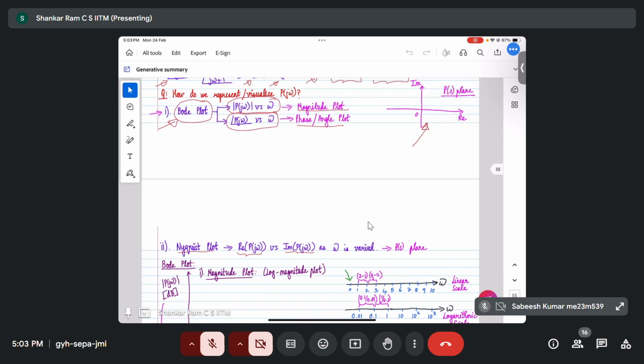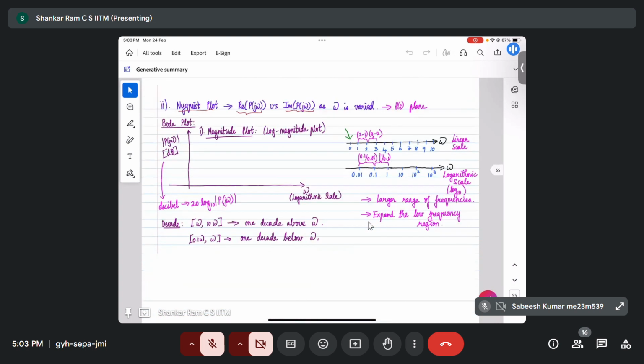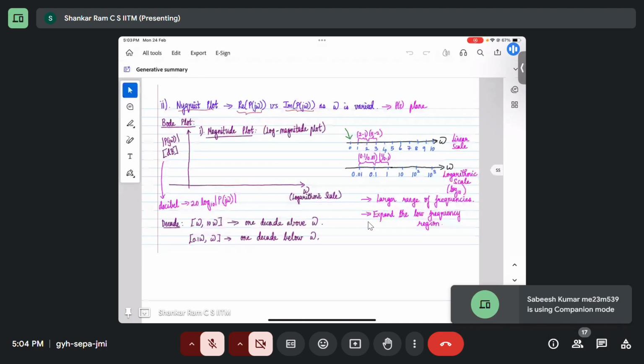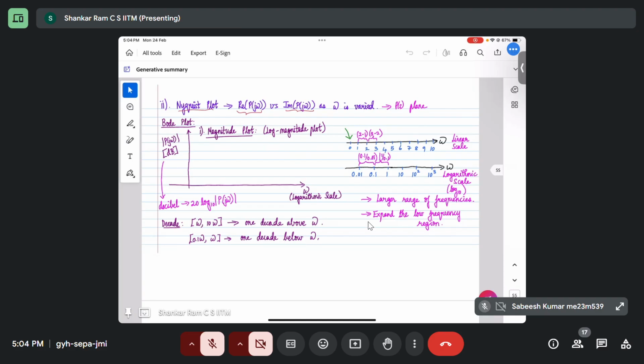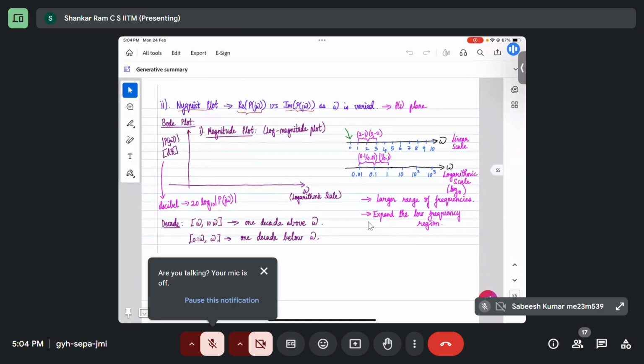So we started off with a discussion of the Bode plot, and we are going to spend the next few classes learning about it, right? So we will figure out how to construct the Bode plot, and then learn how to interpret things from the Bode plot as we go forward. Okay. So this is a recap of where we were, and so let's get started with our class today.